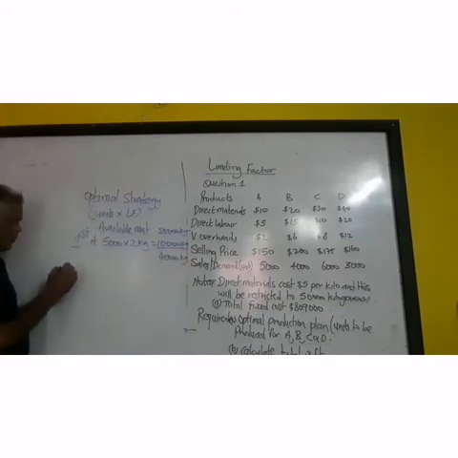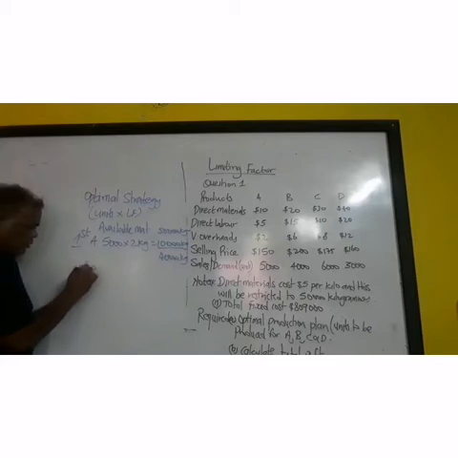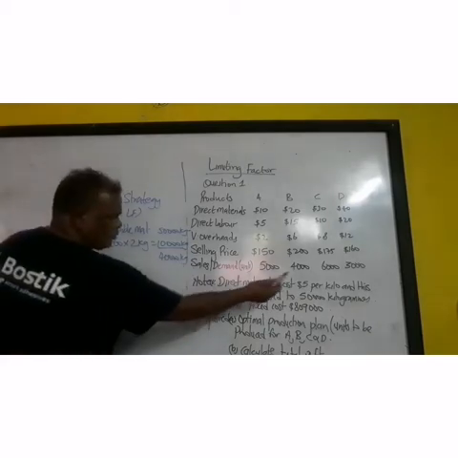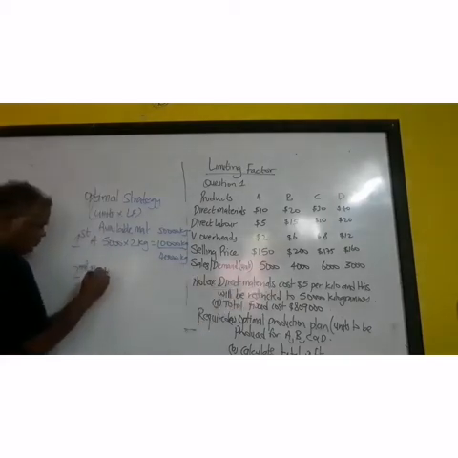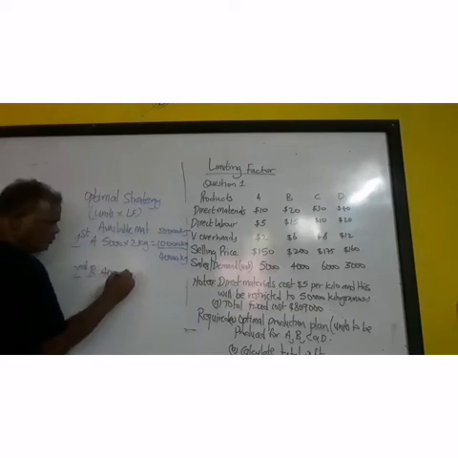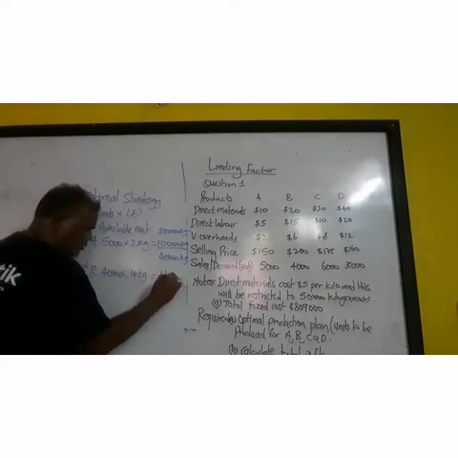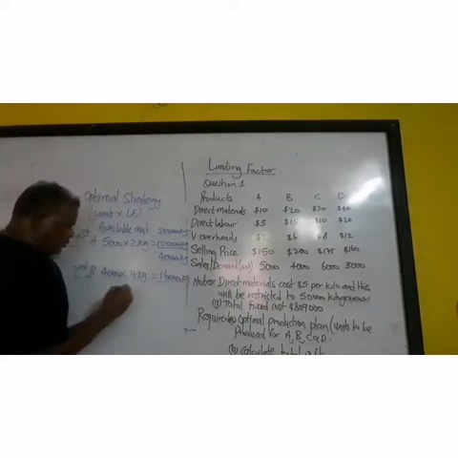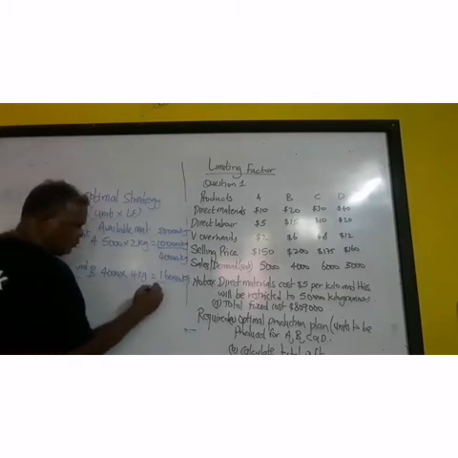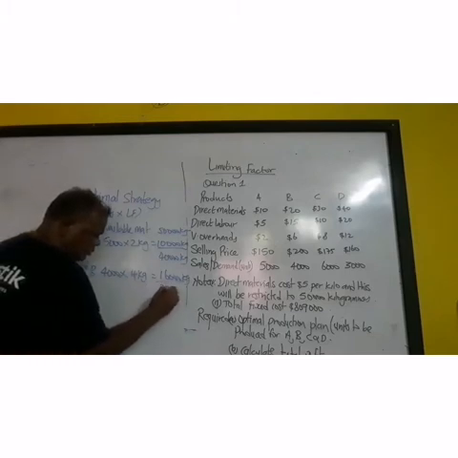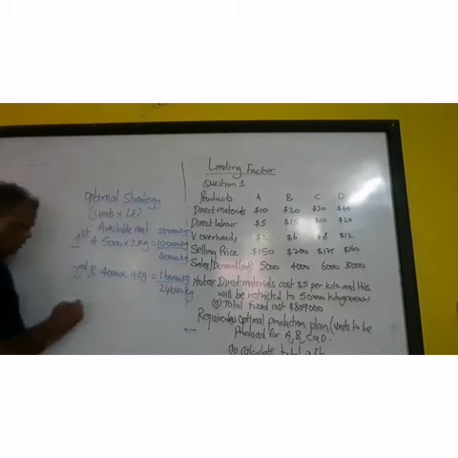And then second we have B. What is the number of units for B? 4,000 times limiting factor 4 kilogram. This will give us 16,000 kilograms, so 24,000 kilograms will be left. And then C, the third one.